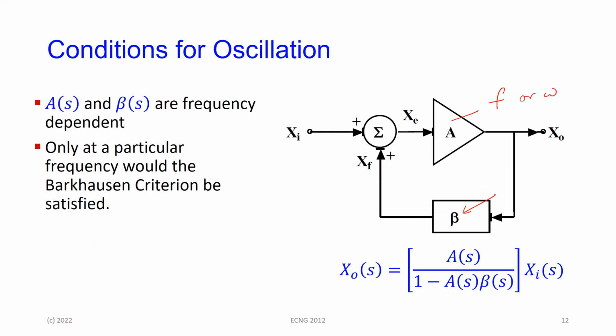At one particular frequency, however, depending on how you do this, you're going to get the Barkhausen criterion being satisfied, where A beta is 1, and the phase shift through this is 0 or a multiple of 2 pi. A single frequency is going to happen. And when that happens, you get a sinusoidal output from the oscillator being created, and it's self-sustaining. You don't need any input at that point.